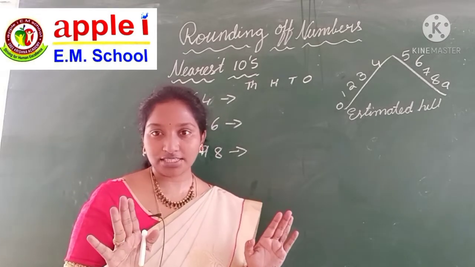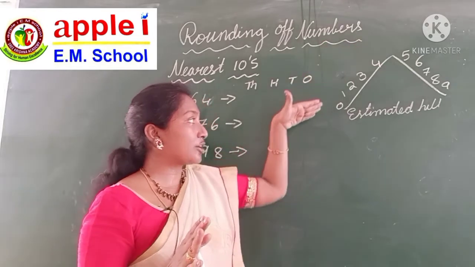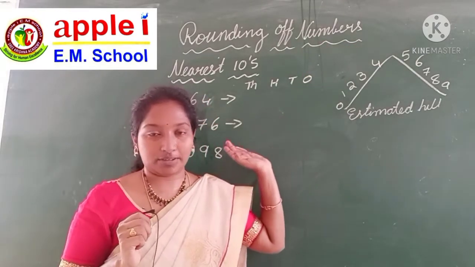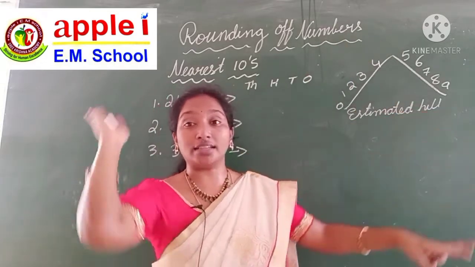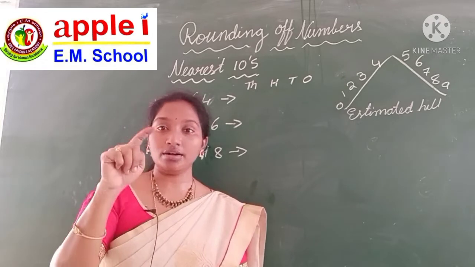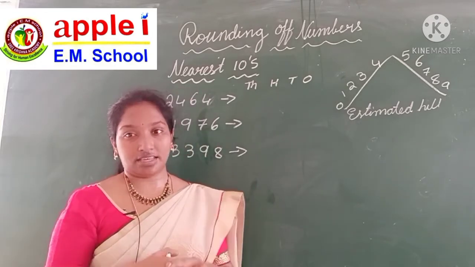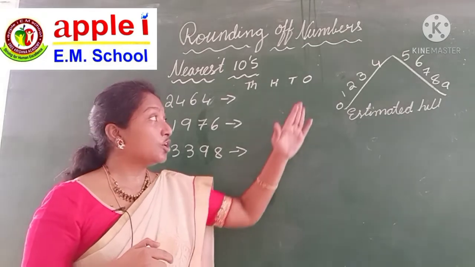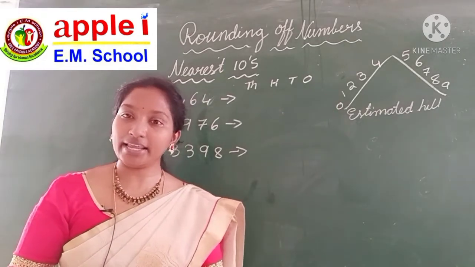Whenever you come back to the same position, you write the same numbers. Whenever we go to the other side of the mountain, we get 1 point. Now let us see how to estimate these numbers to the nearest tens using this estimated hill.